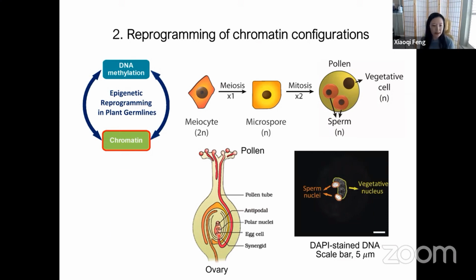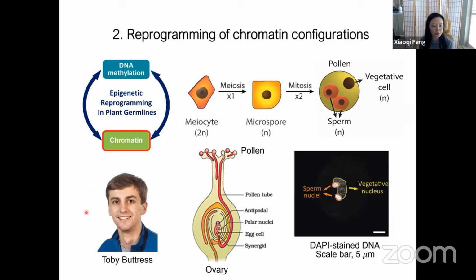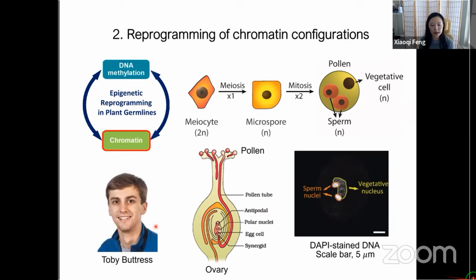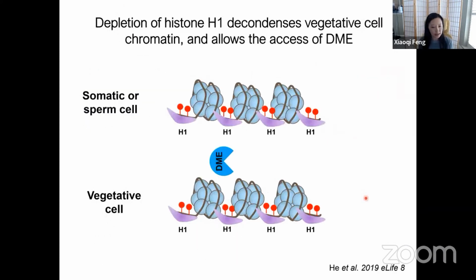So when a PhD student, Toby Batteries, joined the lab, he performed mass spec experiments on purified sperm and vegetative nuclei, and through this, he identified a number of chromatin factors that contribute to this chromatin dimorphism. For example, we found that the linker histone H1, which binds to the linker DNA between nucleosomes, is specifically depleted in the vegetative cell.